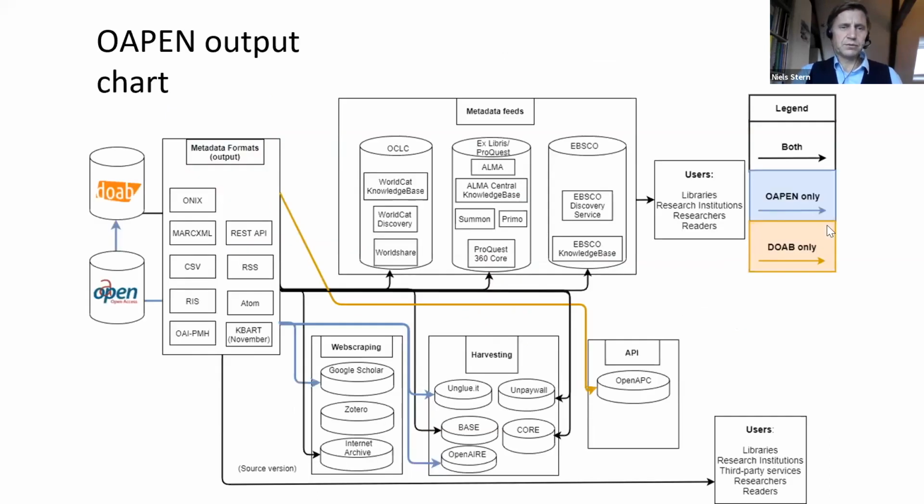And when we look at the output side, we then push the metadata through to the intermediaries like OCLC, Ex Libris, ProQuest, EBSCO, and a lot of these intermediaries then provide knowledge bases, which libraries use, of course. So we try to make our metadata come through those intermediaries as good as possible. We know that it's not always optimal, but we strive to do that.